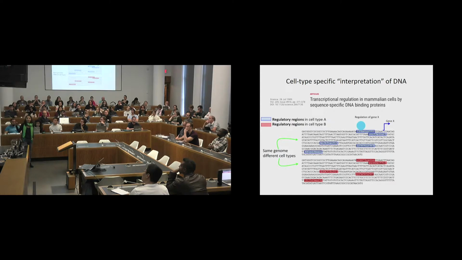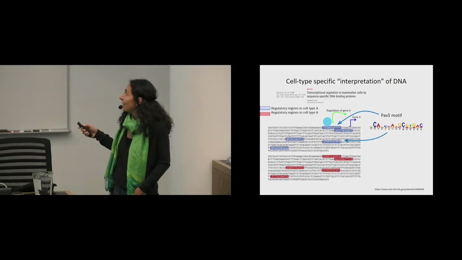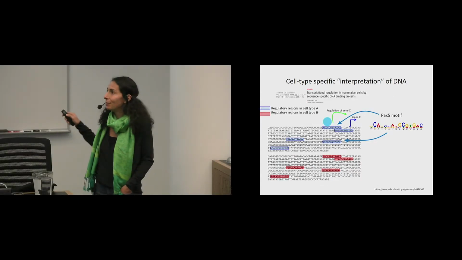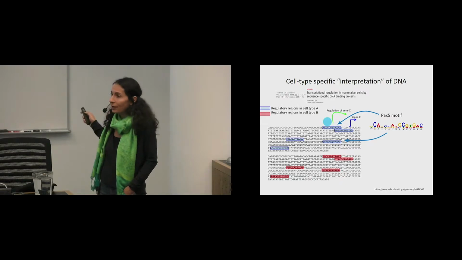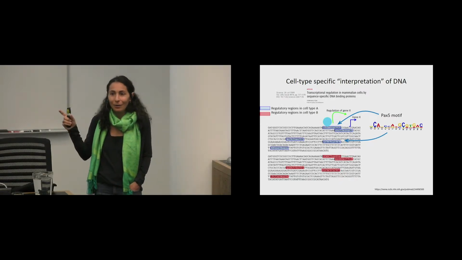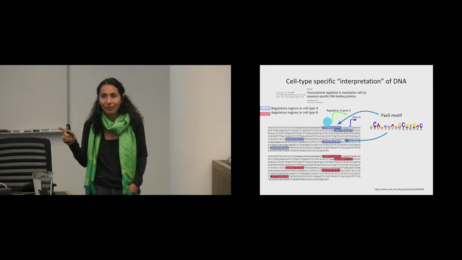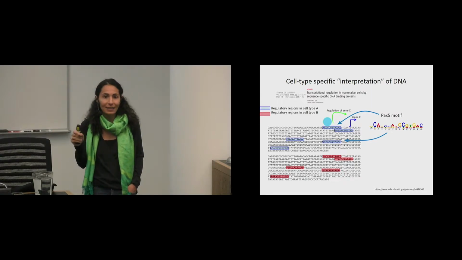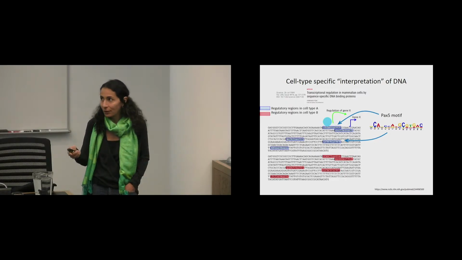And by design, if you think about all the regions that are differential in one cell versus the other, then there should be some sequence composition differences between them. These differences allow for encoding of sequence preferences for transcription factors that can then recognize these differential sequence preferences, bind to those, and regulate gene expression downstream.